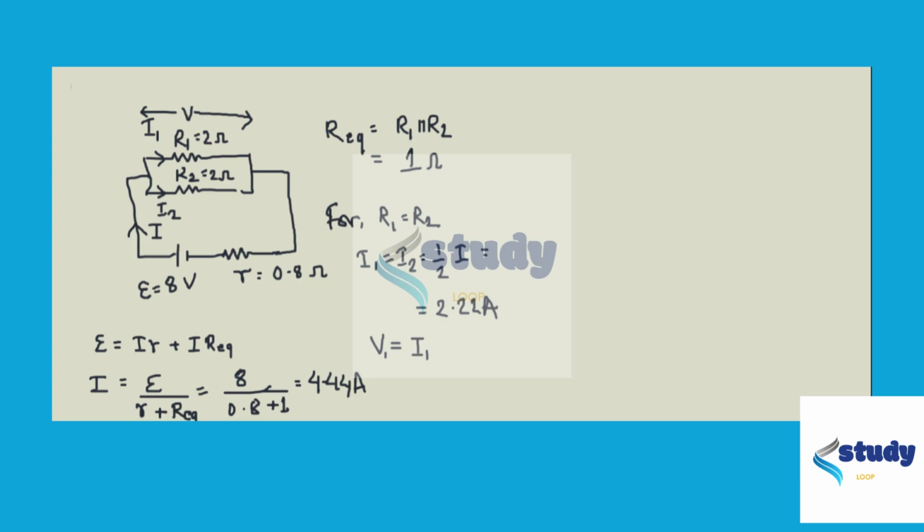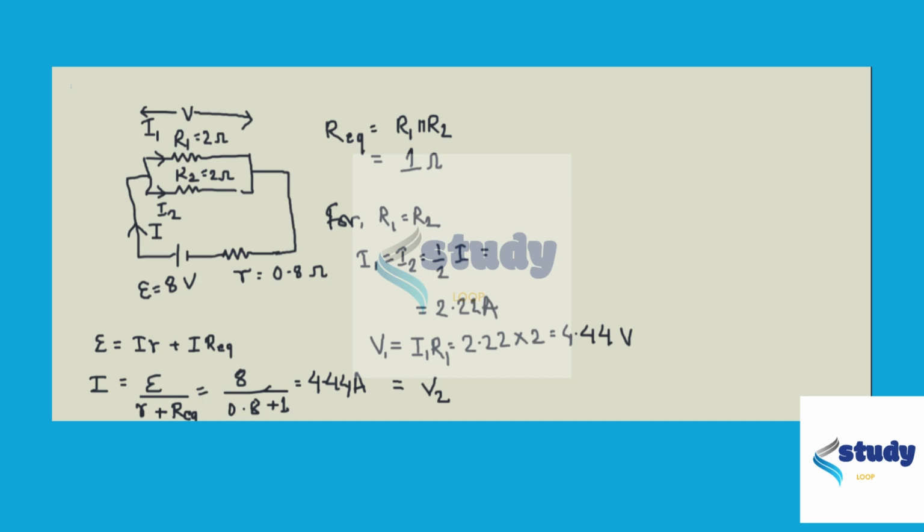Let me use I1 into R1, that is 2.22 into 2, which equals 4.44 volts. So we found the potential difference across each bulb, and this is further equal to V2 because they are in parallel.